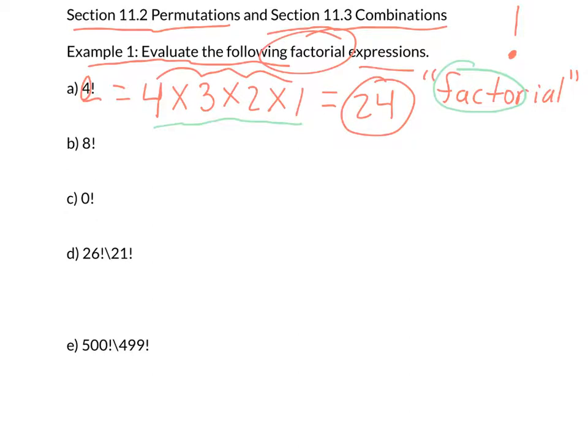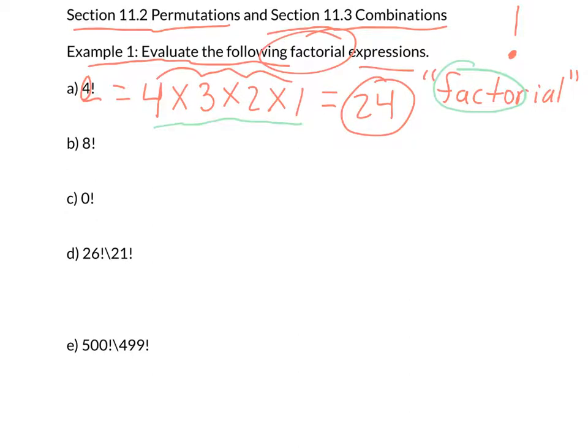We could also make the graphing calculator do it, and you're going to want access to a graphing calculator for this entire chapter anyway, especially by the end of this video. It's going to save you a lot of time. If you do not already own a graphing calculator, you're welcome to download the app onto your phone. Then on test days, you can check out a graphing calculator from any library or mathematics tutoring center at Valencia College.